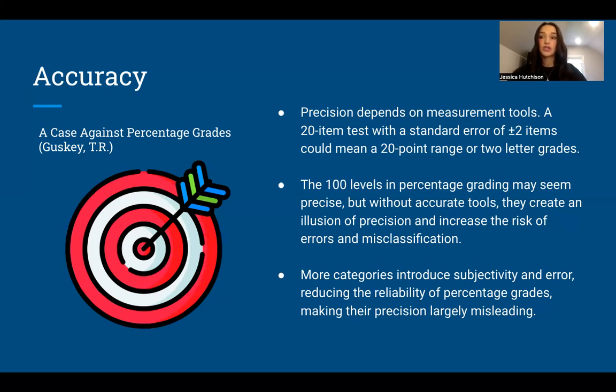For example, a student is more likely to be misclassified at 85% when they should be at 90% than to be misclassified between average and excellent. The numerous categories in percentage grading scales, combined with the fine discrimination required, introduce more subjectivity, error, and decreased reliability. Therefore, the supposed precision of percentage grades is largely deceptive.